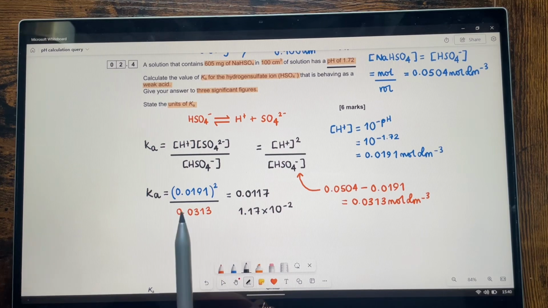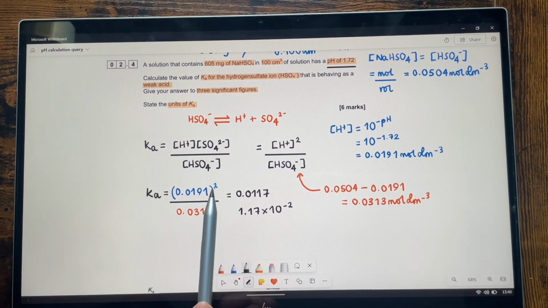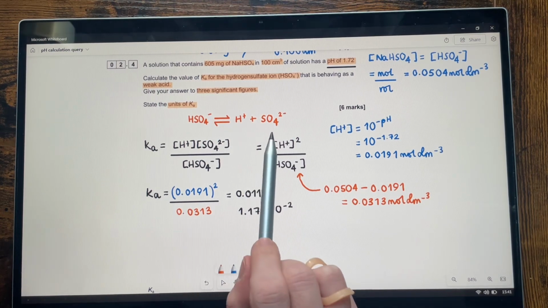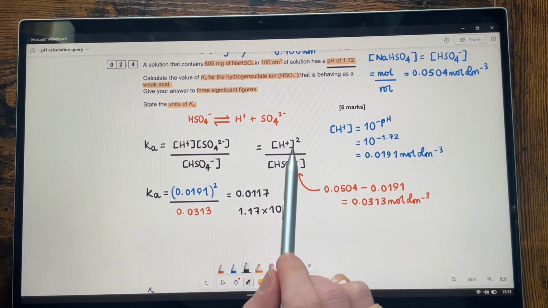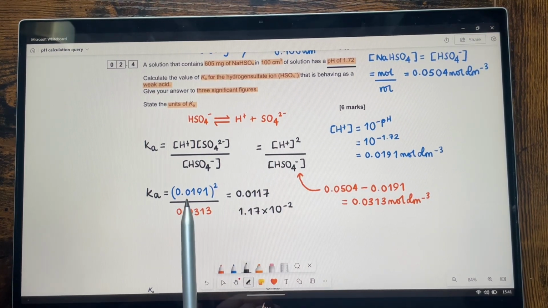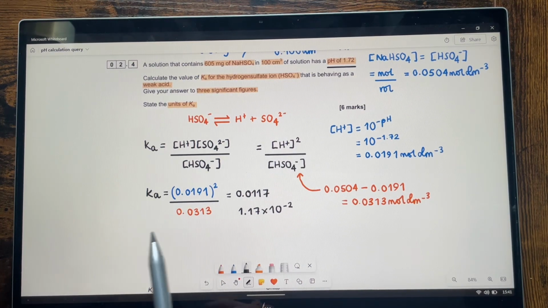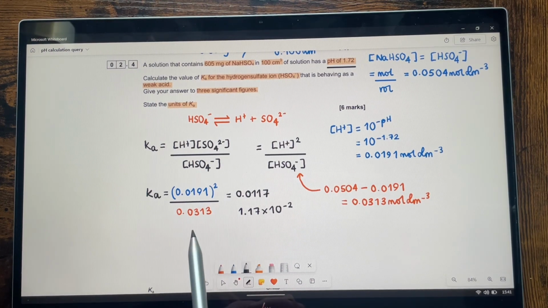In terms of the units, we've got two lots of concentration on the top, because we've got a concentration of the H plus and the SO4 2 minus that we simplified to H plus squared. So it'd be mole per decimeter cubed twice on the top, with 1 lot of mole per decimeter cubed on the bottom. So 1 from top and bottom will cancel, leaving us with units of mole per decimeter cubed.